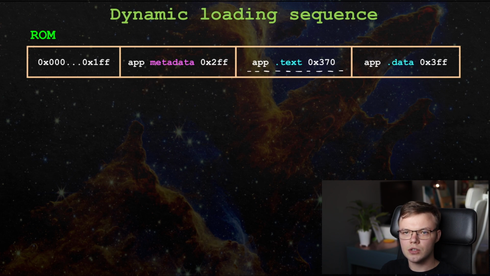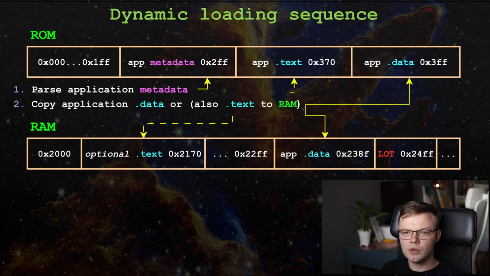The application text section is just binary code. The application data block is the initial state of data. It is necessary to copy that to the read-write section inside the memory map, basically to RAM. The dynamic loader starts with parsing metadata for the application, then copies data or code and data to RAM.